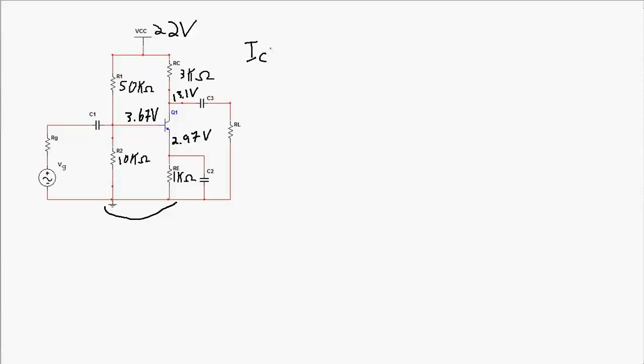The collector current and the emitter current are about the same value at 2.97 milliamps, and the voltage between the collector and the emitter is about 10.13 volts.